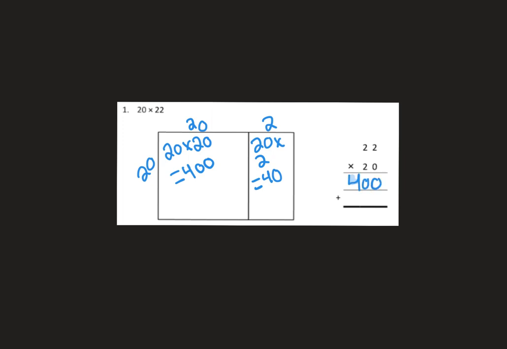It's 400, and then 20 times 2, which is 40. And now we add them. So I'll do it in red. So we add the first ones place, which is 0. And then 0 plus 4 is 4. And 4 plus, there's an imaginary 0, will be 4. So your answer is 440.